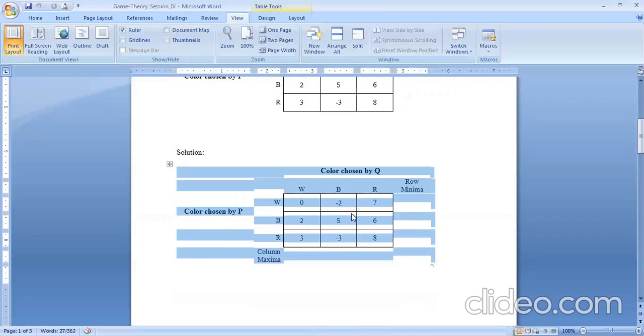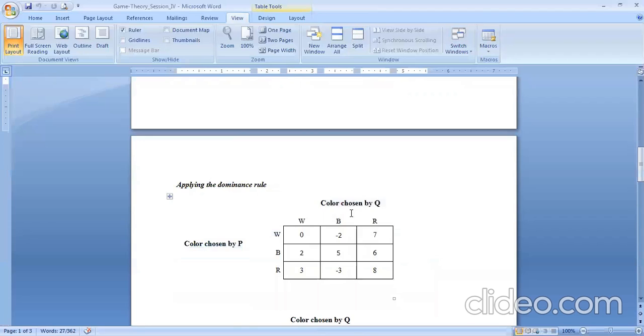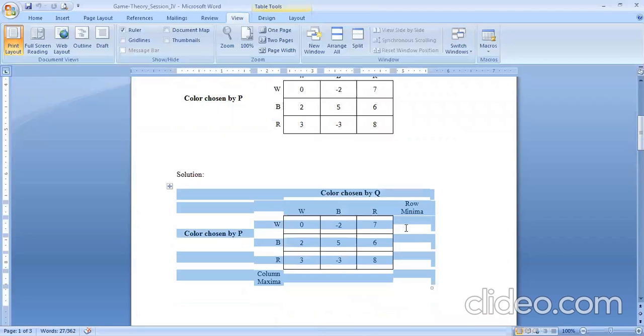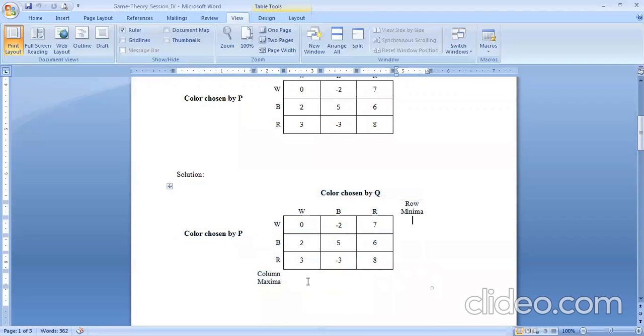I have taken the row minima and column maxima in order to find the range of values. As I told, when the minimax is not equal to the maximin, then that kind of problem will have no saddle point, which means there is a mixed strategy.